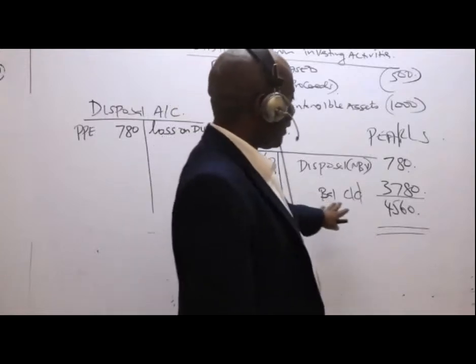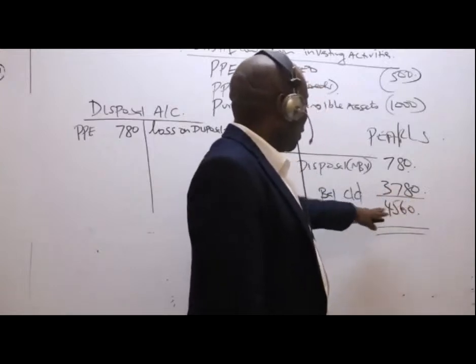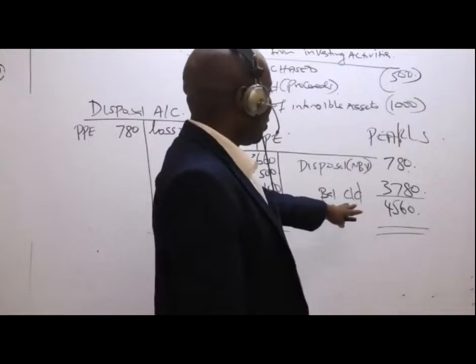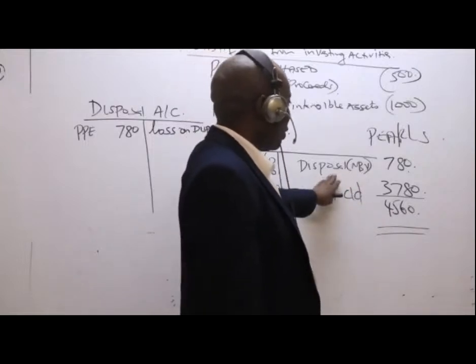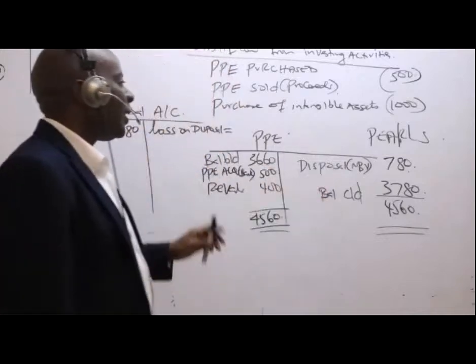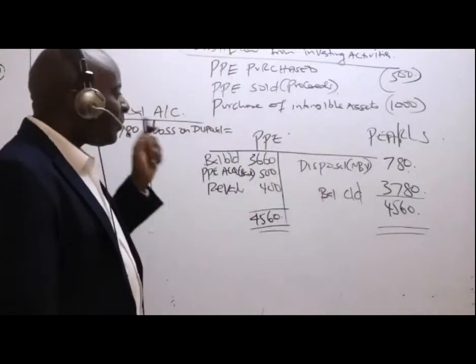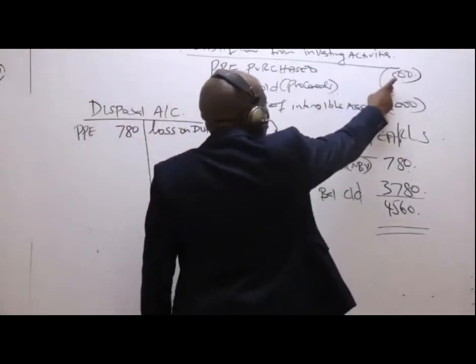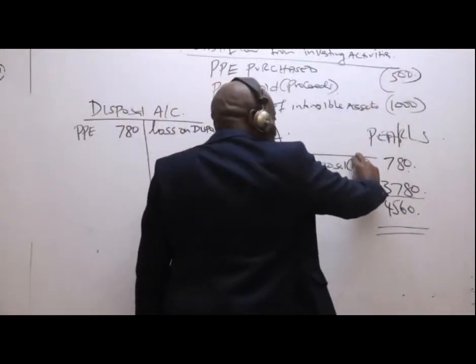So the balance carried down was that 780, which we were able to balance using this bigger figure, 4560, which helped us to get this disposal of 780. Now, this disposal of 780 is not cash. Very many students will tell you that this disposal is what you bring here. No, this is not cash. This is net book value.